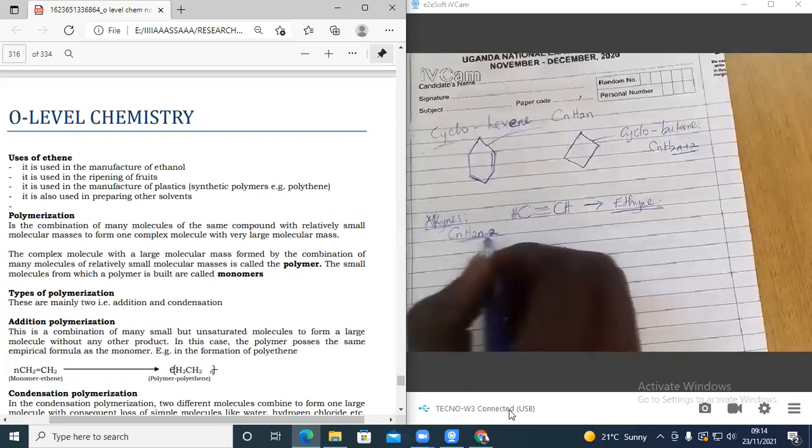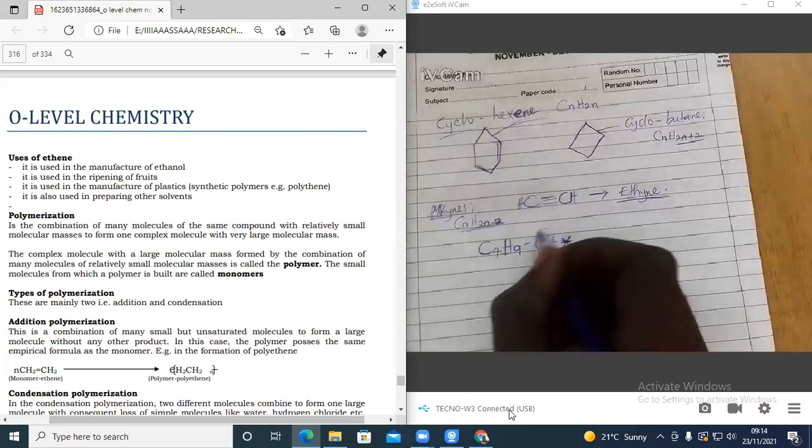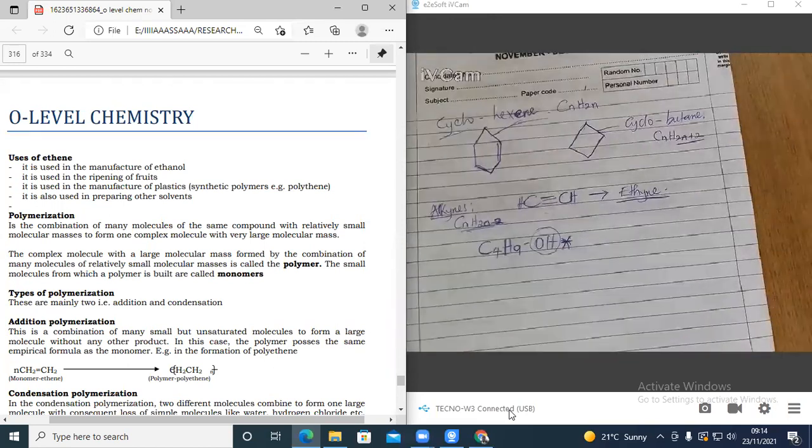These ones with OH, what is the parent name where the functional group is OH? How do you call those compounds? How do you call compounds with OH?